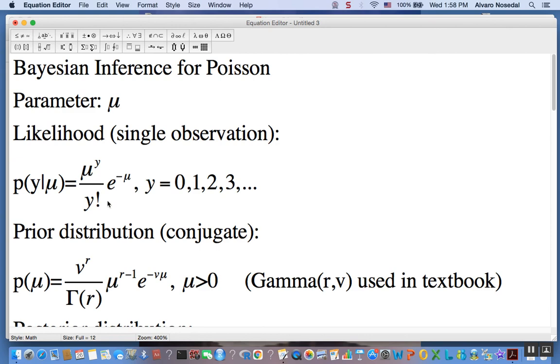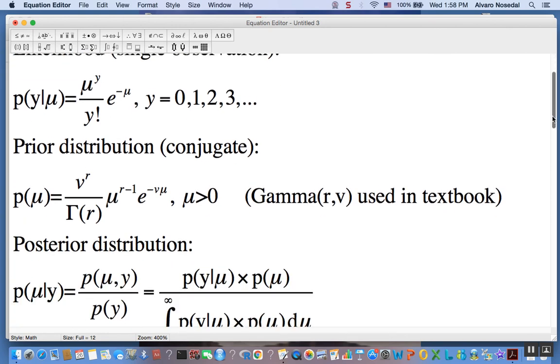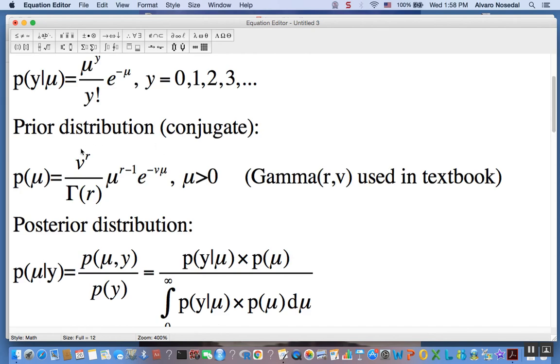Taking a look at the expression of the likelihood, we decided that it would be a good candidate for the conjugate prior to use a gamma random variable. We used the way that they express a PDF of a gamma with parameters r and v, as the authors of our textbook do.